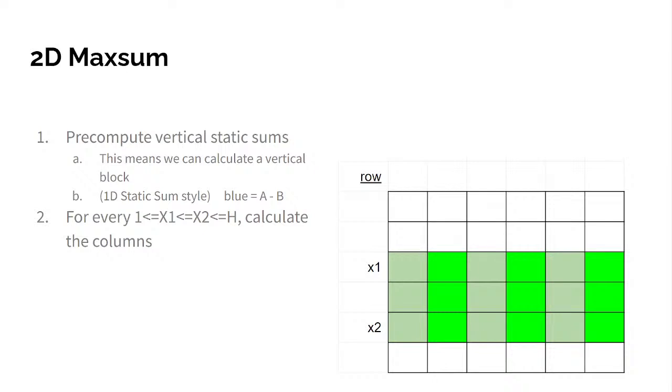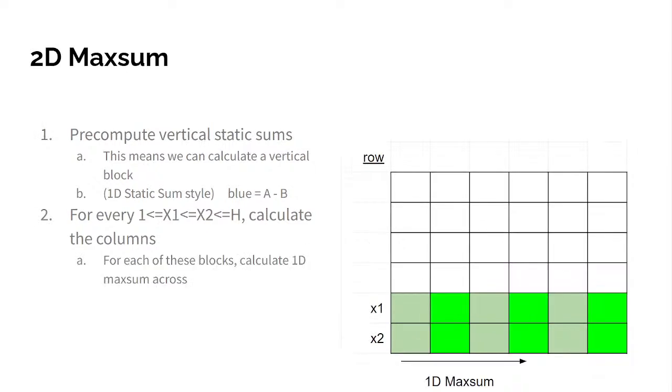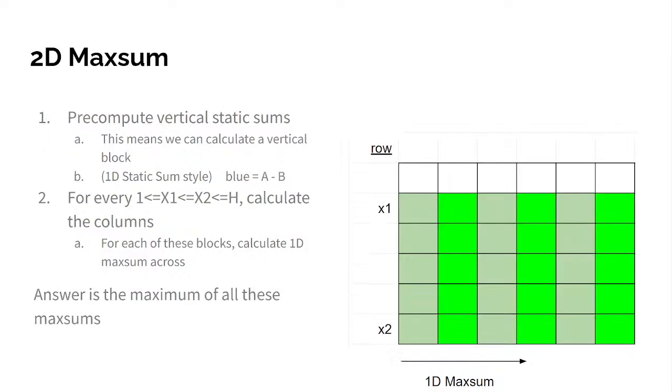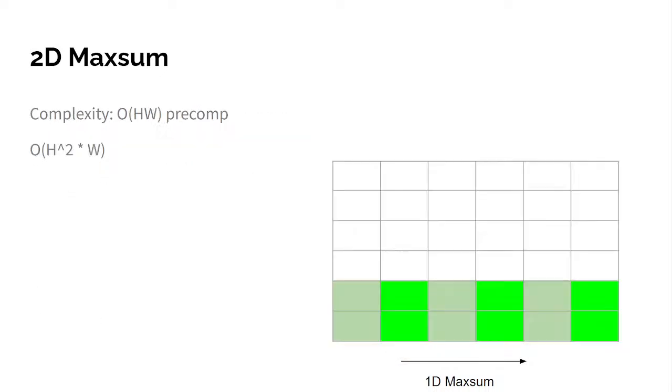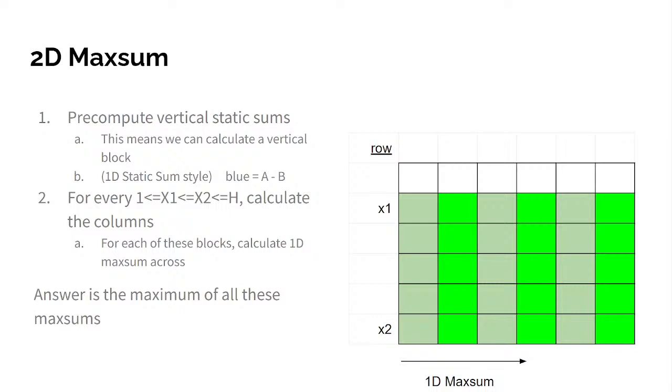Essentially, 2D max sum is just 1D max sum done in 2 dimensions. Yeah, that's crazy, I know. Alright, so for every possible x1 and x2, we just do 1D max sum across, and it's the maximum of all the max.